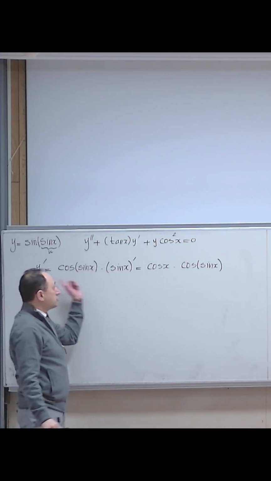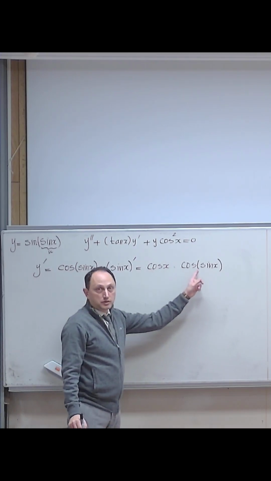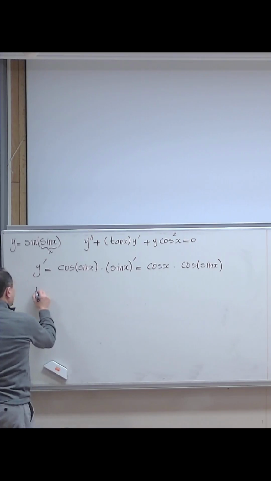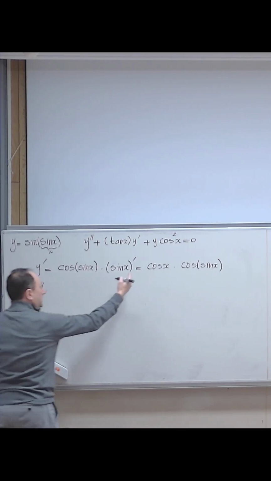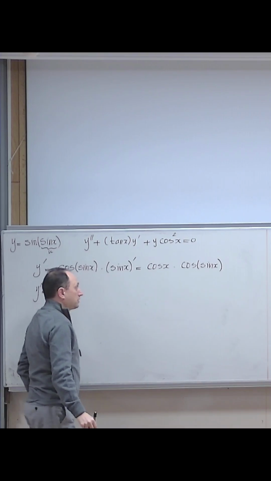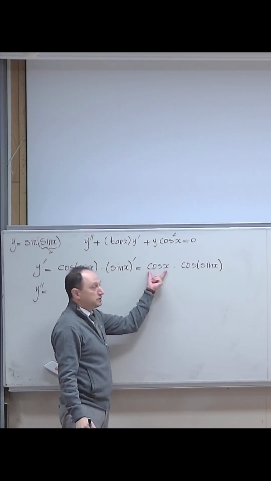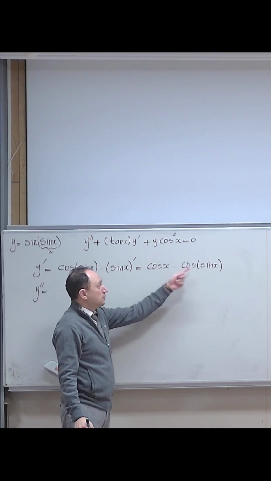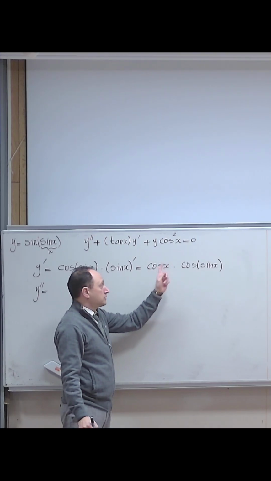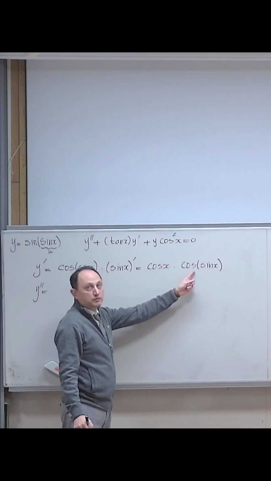But now the first derivative is a product of two functions. So if I want to calculate the second derivative, I have to calculate the derivative of this product, which is equal to the derivative of the first one times the second one itself, plus the first one times the derivative of the second.